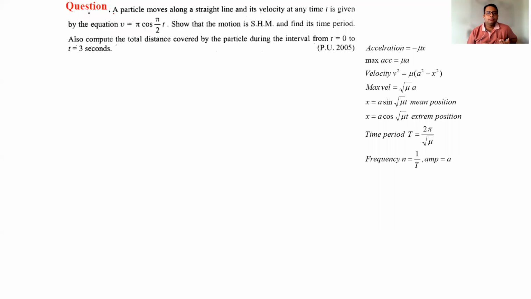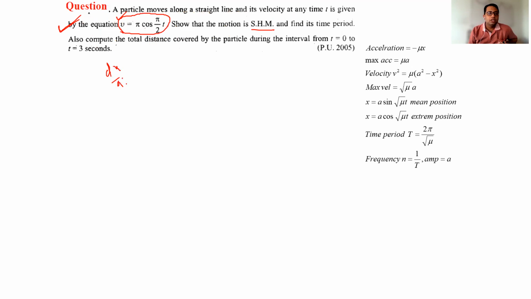The next question of discussion is: a particle moves along a straight line and its velocity at any time t is given by this equation. The expression for the velocity is given. Show that the motion is simple harmonic and find its time period. Up to this point, the question is the same as the previous one. Instead of the value of x, we are given the value of v, that is dx by dt.